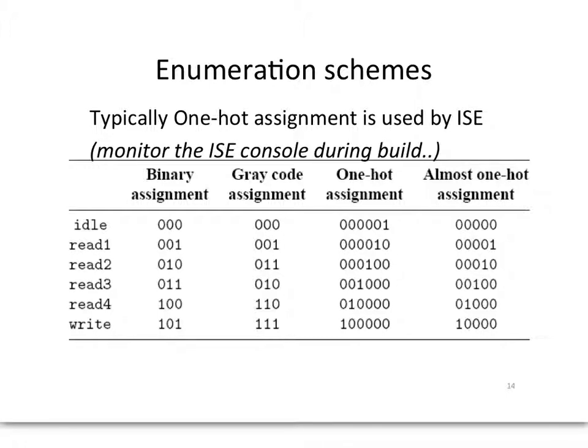This is just the way that the different states are translated into bit patterns, and if you do very high-speed designs, there would be some potential advantage in using this one-hot assignment. Even though it takes up the most bits, it can be most efficient in a very high-speed design. But for now, it doesn't really matter what type of enumeration scheme Xilinx ISE will use to assign to the states.